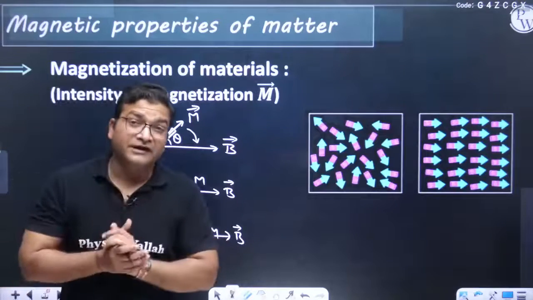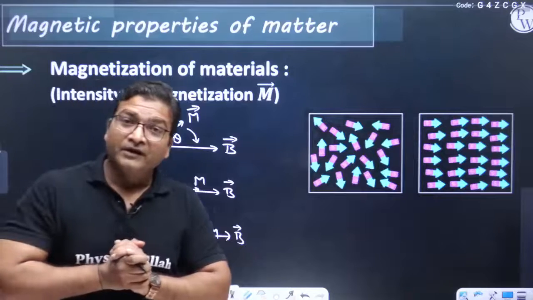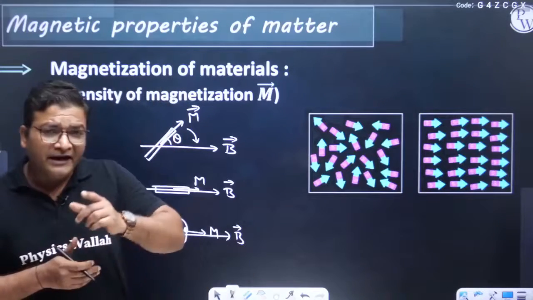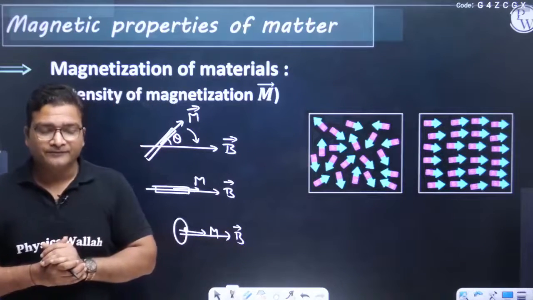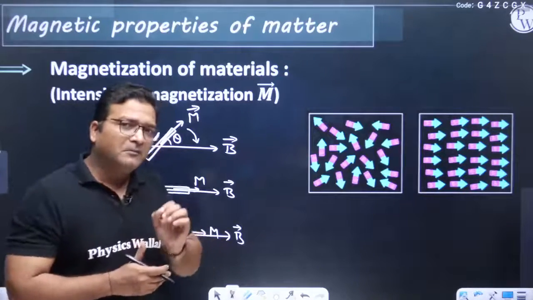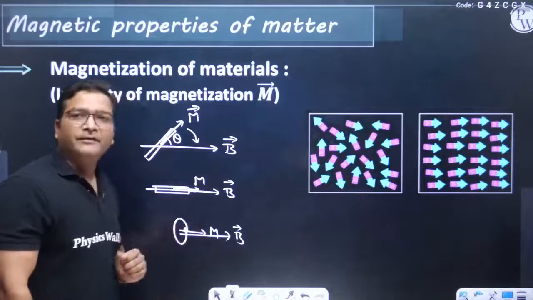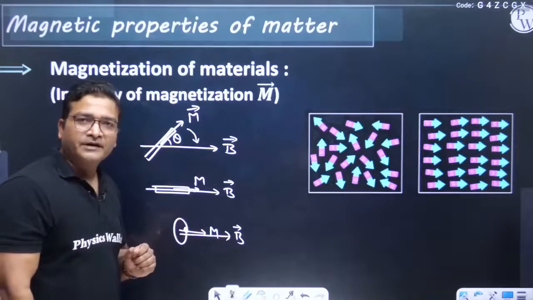If we look at the atom carefully, we notice that there are many electrons revolving around the nucleus. So every electron must have a magnetic dipole moment.